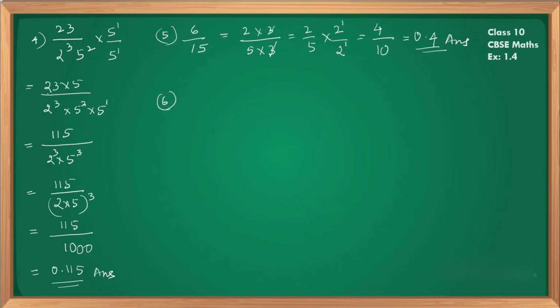The last question, which is the sixth question, was 35 by 50. Now let us factorize. This can be written as 7 into 5 divided by 5 into 5 into 2. Now one 5 goes with the other, so you are left with 7 divided by 5 into 2.